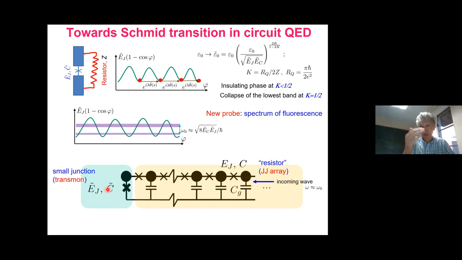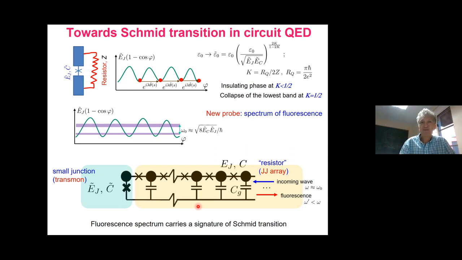So there is not only the elastic backscattering of a photon, but also an inelastic one, when one photon with energy h bar omega creates outgoing photons with a sum of energies h bar omega, but the number of photons may be larger than 1. The smallest number actually is 3 because of time reversal. So basically, one can look at the fluorescence spectrum, and what we claim is that the fluorescence spectrum actually carries information about the Schmid transition.